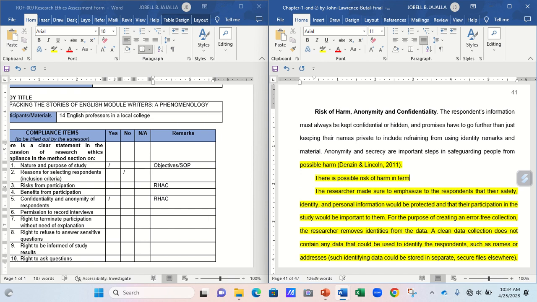There is possible risk of harm in terms of sa mga risks in terms of social liabilities when the data is carefully disclosed to others.